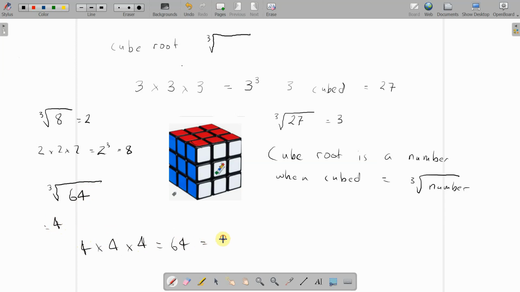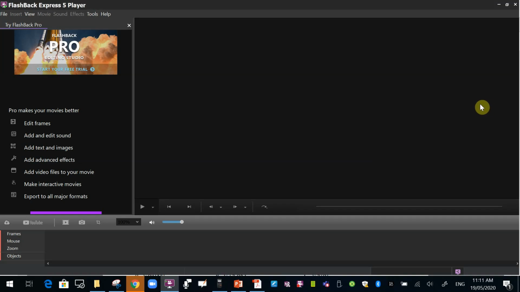That also equals 4 cubed, or 4 to the power of 3. So we're looking for a number when we see the cube root sign. A number when you multiply it by itself, like cubed, equals that number there. Let's have a look what the calculator does.